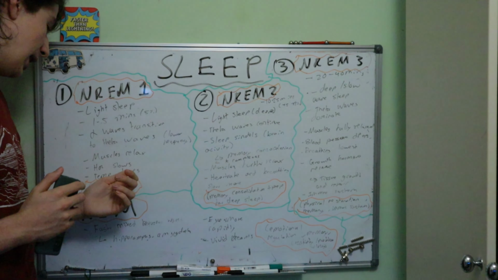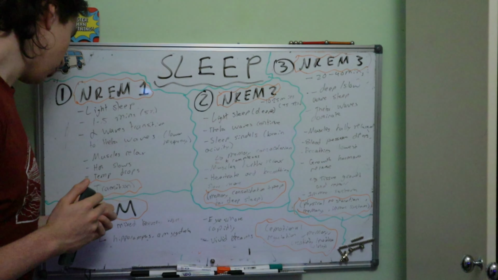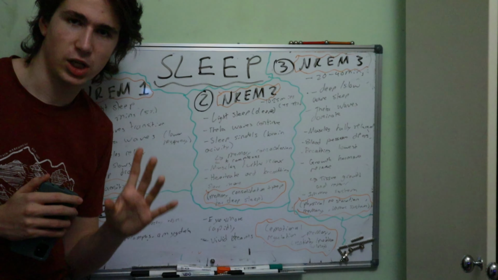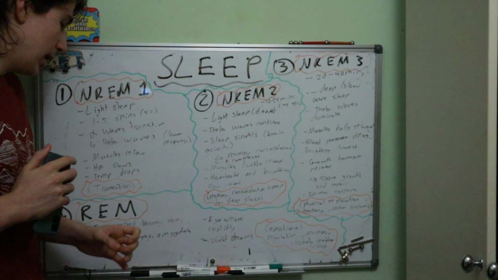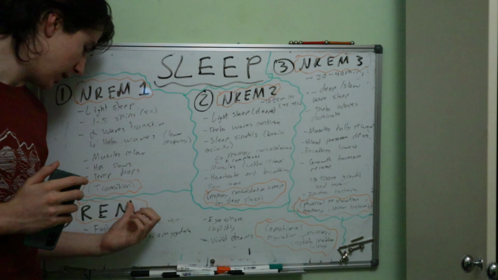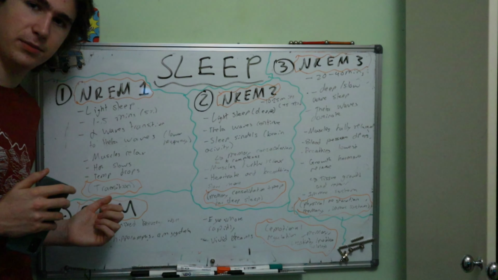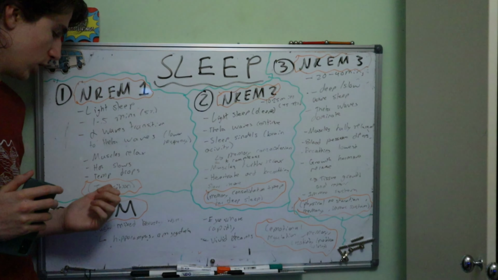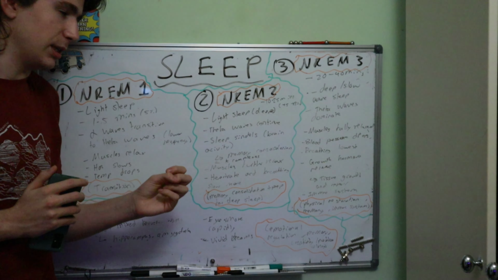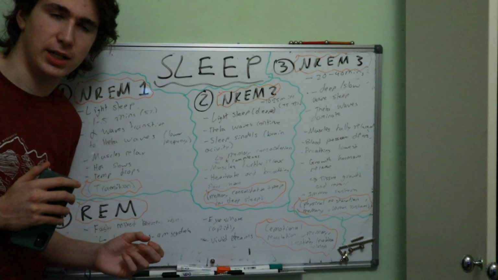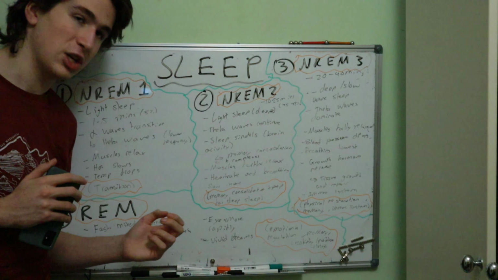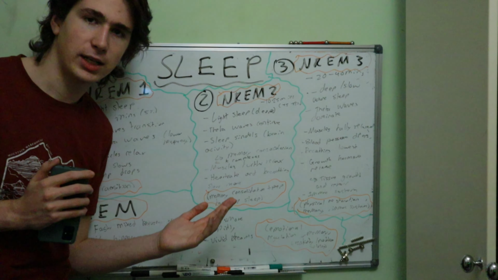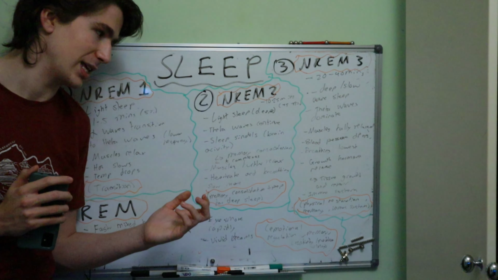Your muscles start to relax, your heart rate slows, and your body temperature does start to drop. I've highlighted the purpose of each step in orange so you can clearly see. The purpose of this step in the sleep cycle is to transition you from being awake towards being asleep.